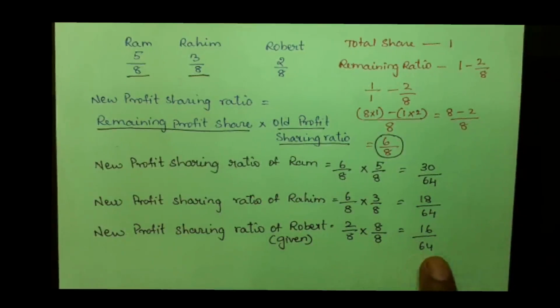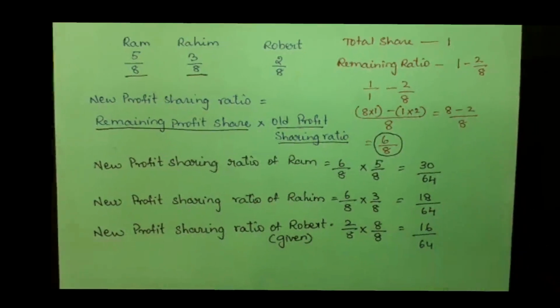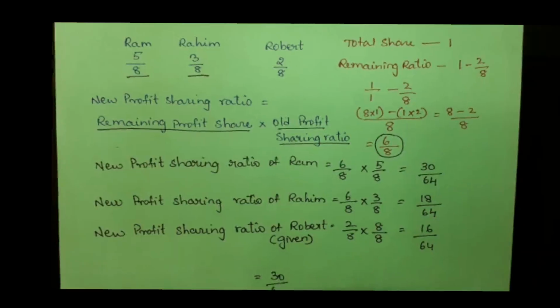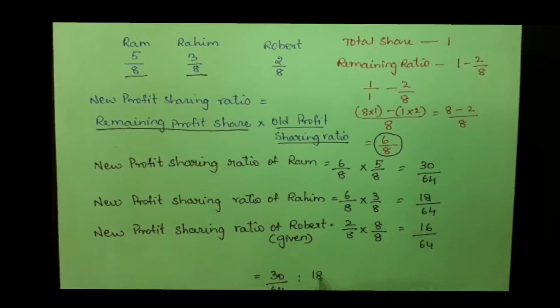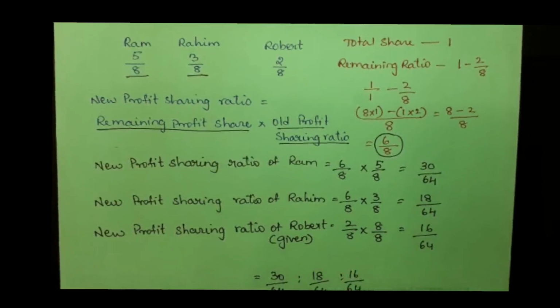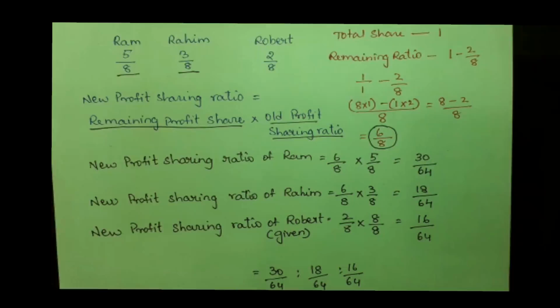So the new profit sharing ratio of Ram, Rahim and Robert is equal to 30 by 64 is to 18 by 64 is to 16 by 64. We can write it as 30 is to 18 is to 16.